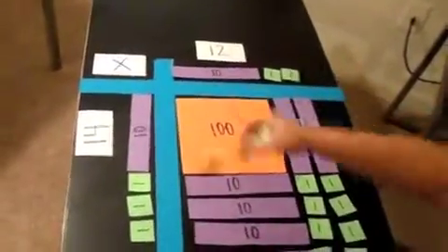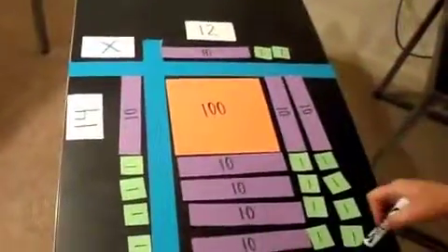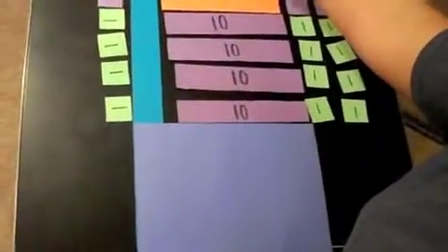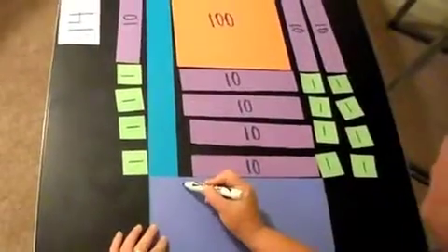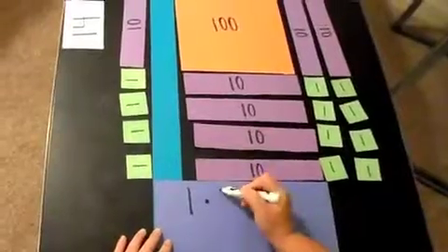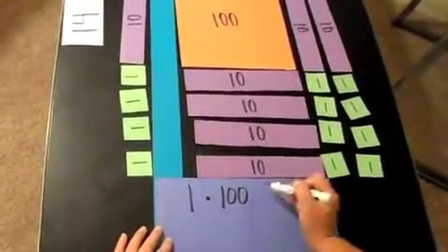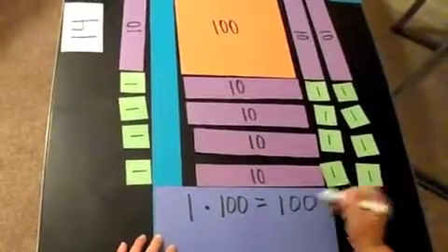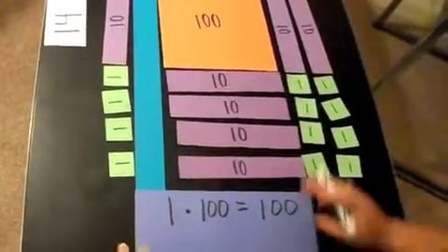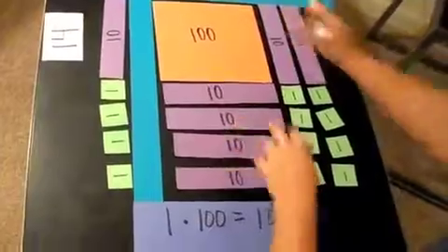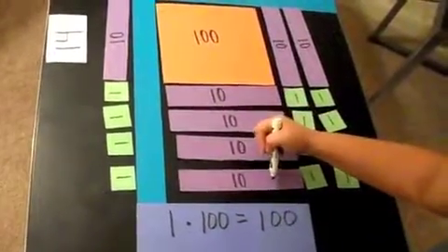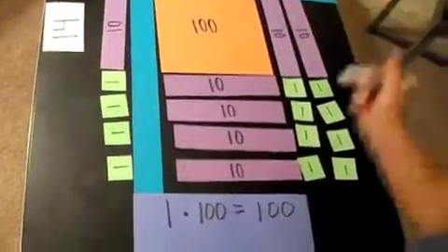Now let's add up all of our blocks from our chart. We have one 100 block. So we would do 1 times 100, which equals 100. Now let's add up our 10 base blocks. 1, 2, 3, 4, 5, 6.